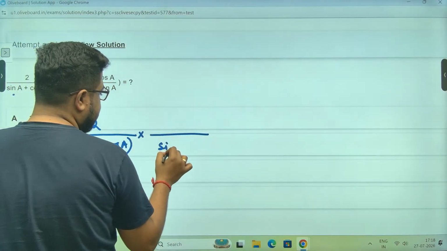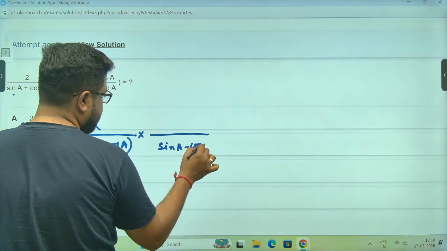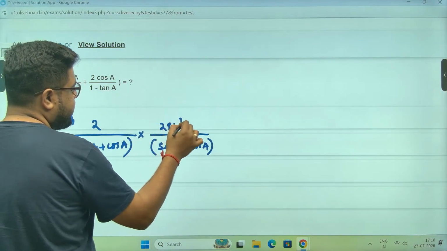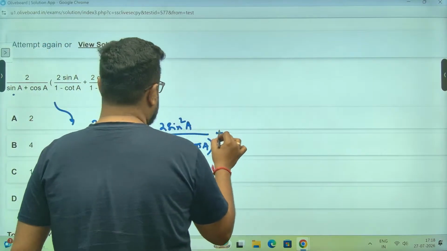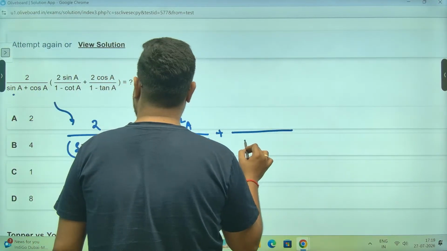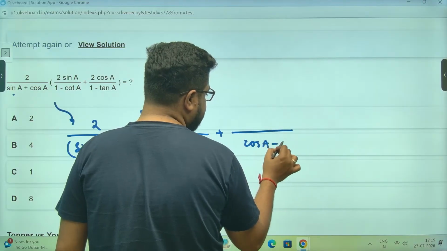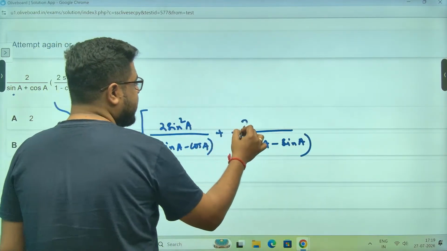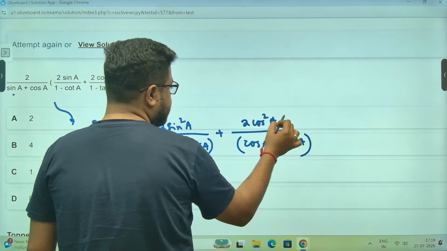So this will be sine A minus cos A. And sine will go up, so it will be 2 sine square A plus, this will become sine A minus cos A, meaning cos A minus sine A, into cos A will go up. So it will become 2 cos square A, sir.